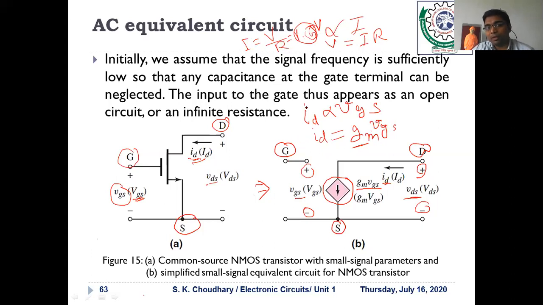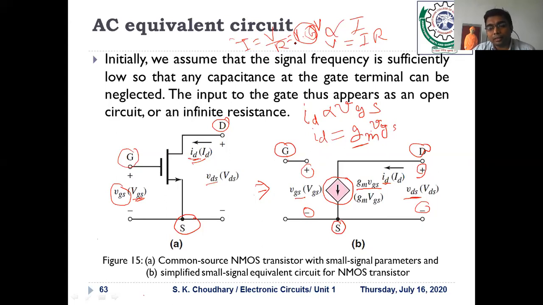In Ohm's law, the conductance relates the current and voltage of the same circuit, either the input circuit or the output circuit. But here the conductance relates the output current and the input voltage. This is the main difference between Ohm's law and this particular situation.